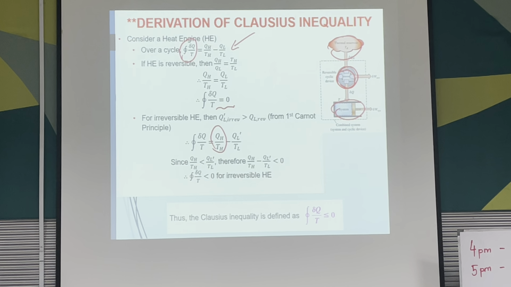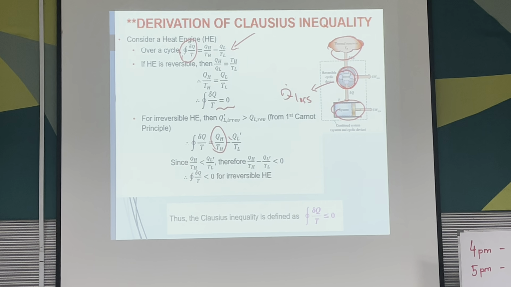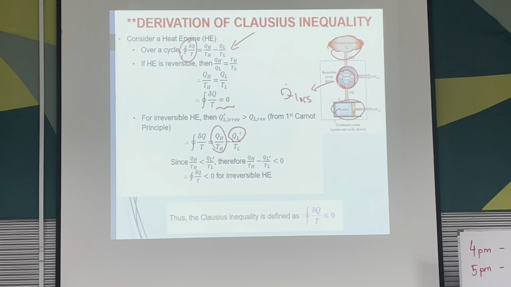But the heat engine itself might lose some heat to the surroundings when we are not talking about an ideal case. So if we lose some heat to the surroundings this way, then this QL value will drop. The QL value will not be as high as the previous value, but the TL value will still remain constant.